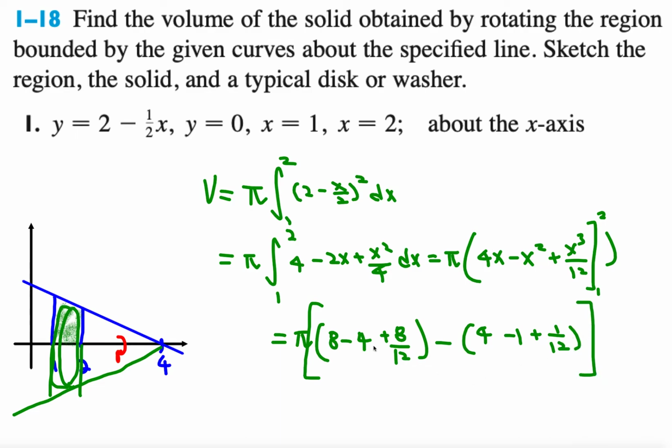And when you combine them together, 8 minus 4 becomes 4, then 0, and then 1. So it becomes a total of 19 pi over 12. That becomes our final answer.